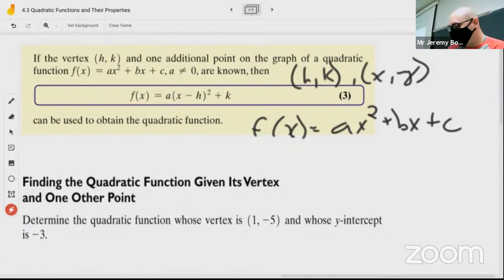And so what we're going to do is plug in the h, plug in the k, plug in the x for the x right there, and plug in the y for f of x. That way the only variable there is a. If we have an equation with one variable, we can solve for that variable. And that's what we're going to do. We're going to solve for a, and then we're going to find the equation of our quadratic function. Any questions on that?